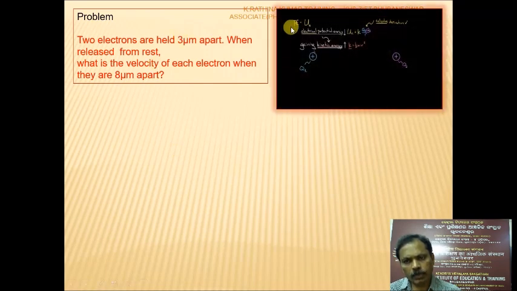For understanding, the diagram is drawn like this: plus Q, plus Q. The electron is moving and the velocity is asked. So there will be a kinetic energy and a potential energy from the start. Potential energy is k Q1 Q2 by R, and kinetic energy is half mv square.